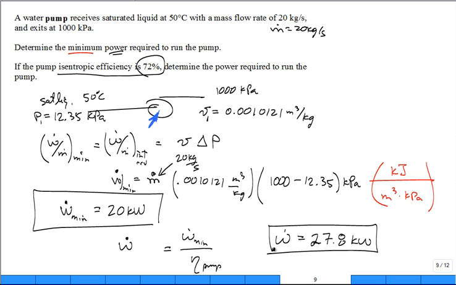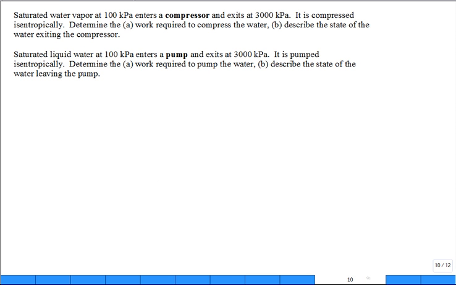Move on a little bit. Now, here's a question. There's two of them. Saturated water vapor at 100 kilopascal enters a compressor and exits at 3,000 kilopascal. Let's just jump down here.